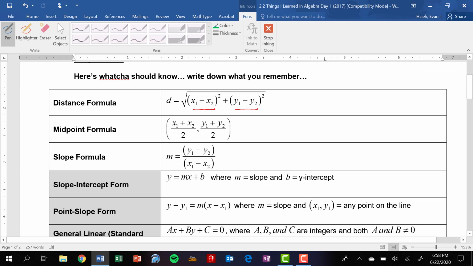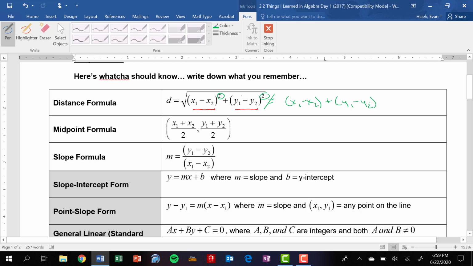The one thing to watch out for is to make sure that you don't take the square root of two things that are added up squared and get x sub 1 minus x sub 2 plus y sub 1 minus y sub 2. That is not the same thing. You can't just take the square root of it and get rid of these squares.